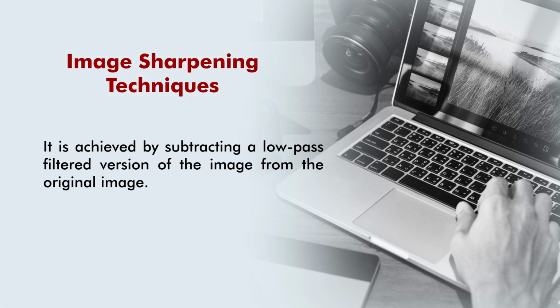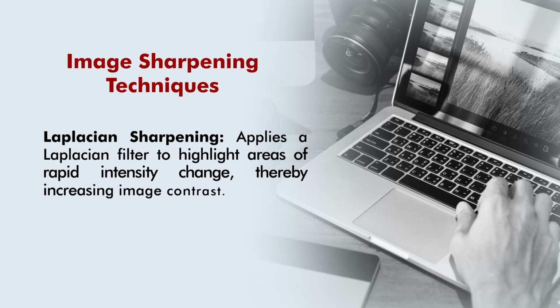It is achieved by subtracting a low pass filtered version of the image from the original image. So here is an example of a high pass filter applied to an image. For that, we insert the original image and the sharpened image using high pass filtering side by side.